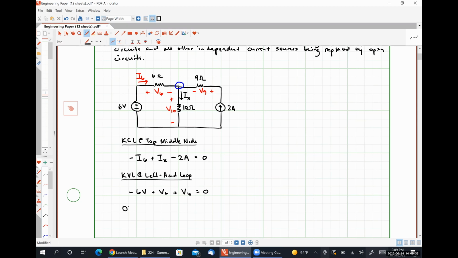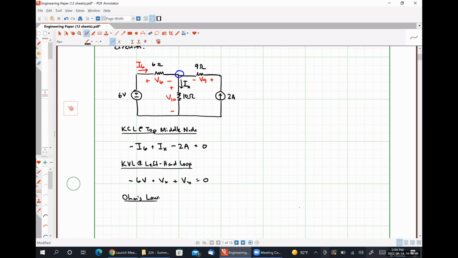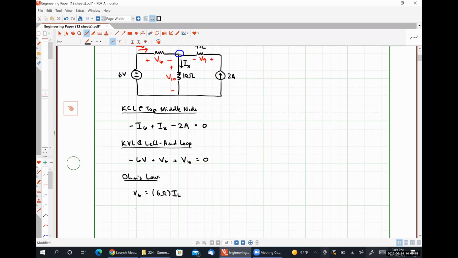So using Ohm's law, I can say that V6 is simply 6 ohms times I6. And I can say that V10 is equal to 10 ohms times IX.